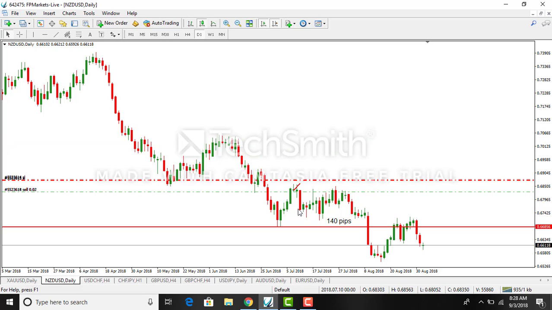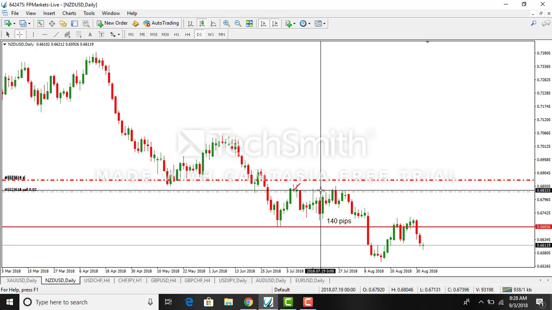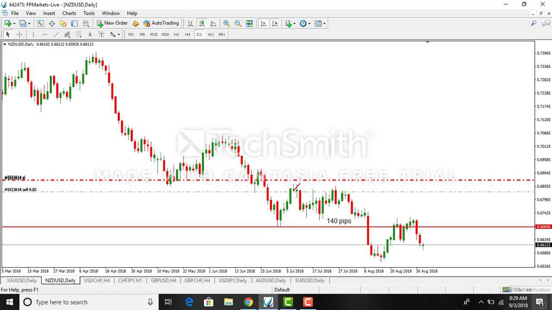So with my stop losses being there, this trade has turned into, say, 200 to 250 pips, and we say this is a 50 pip stop loss, so it would be 1:5. So it's a 1:5 trade at the moment.